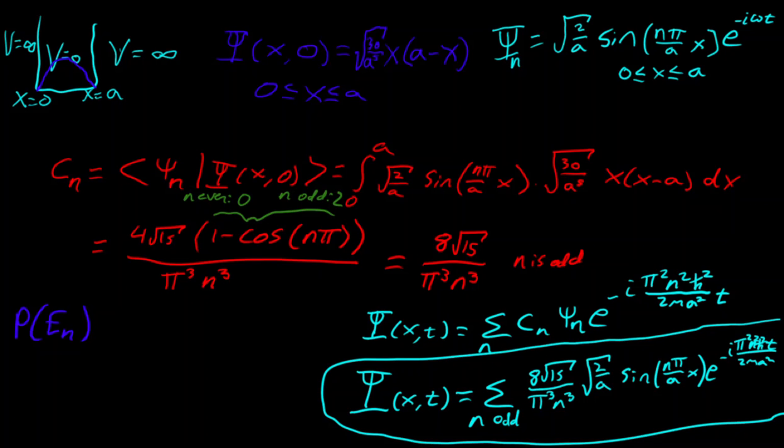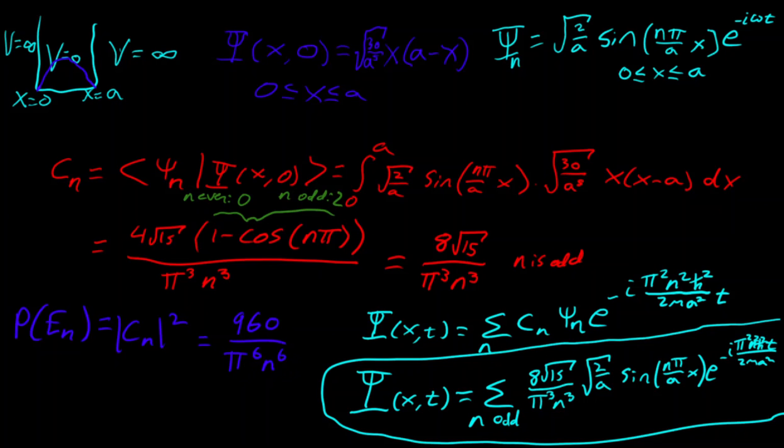Okay, so P of E sub n, well, that's just Cn norm squared. This is not complex, so we can just write this out. 8 squared is 64 times 15 is 960, so this gives us 960 over pi to the 6th n to the 6th.